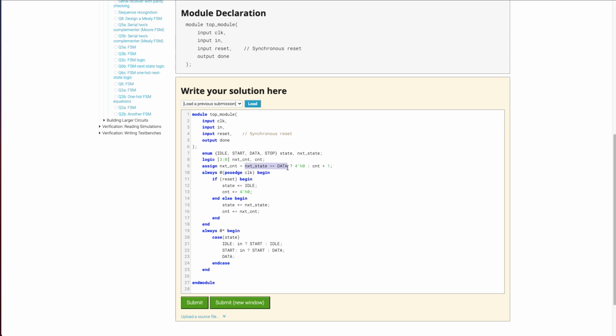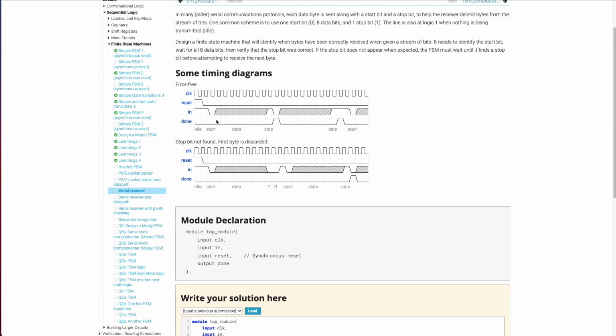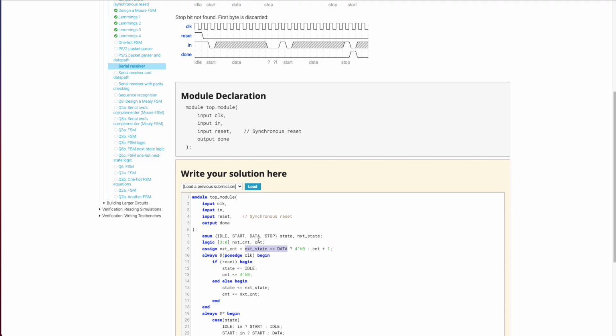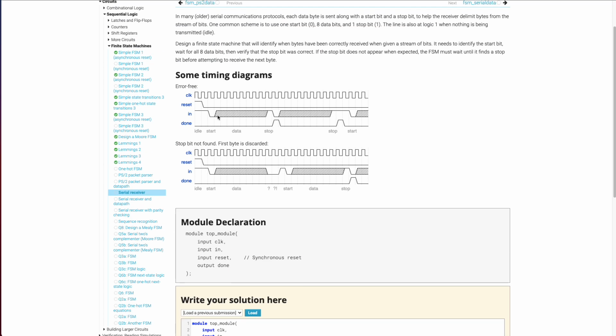It's just a 4-bit counter such that if I go to next state data, I start 0, and then 0, 1.